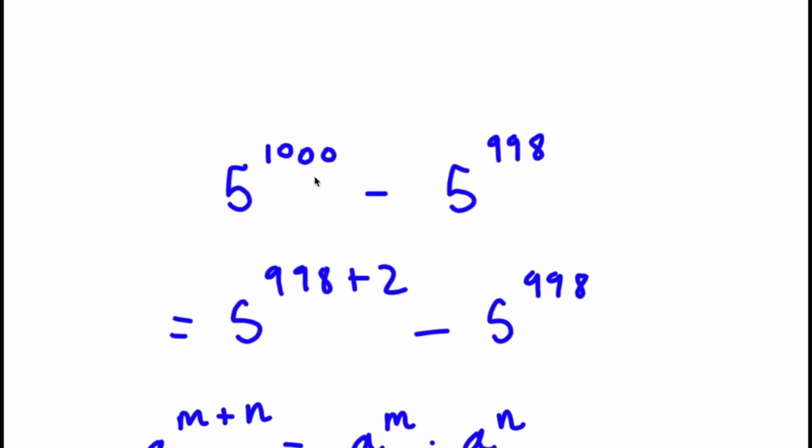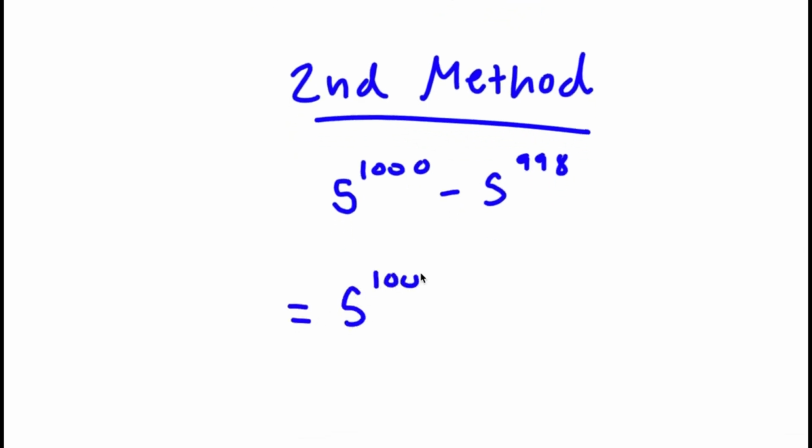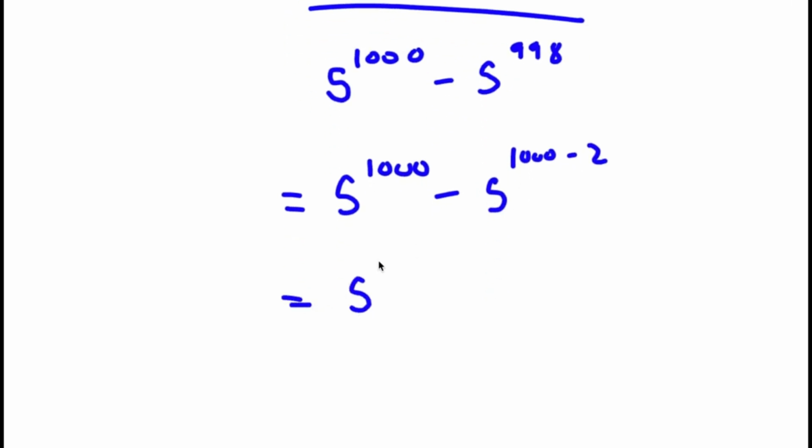So again, I first start with 5 to the power of 1000 minus 5 to the power of 998. This time, instead of changing 1000, I'm going to change 998 to 1000 minus 2. And now this is the same thing as 5 to the power of 1000 plus negative 2.